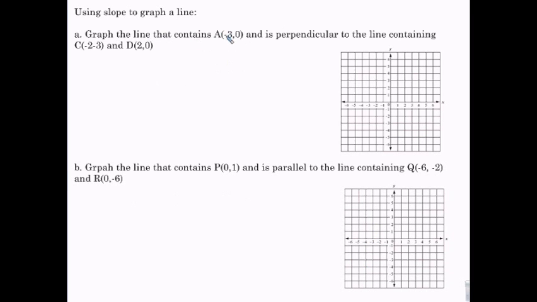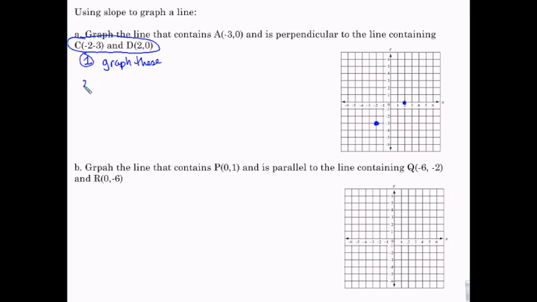I want to graph a line that contains this point but is perpendicular to a line with these 2 points. So step one is to graph these points. Okay. So I have negative 2, negative 3, and then 2, 0.